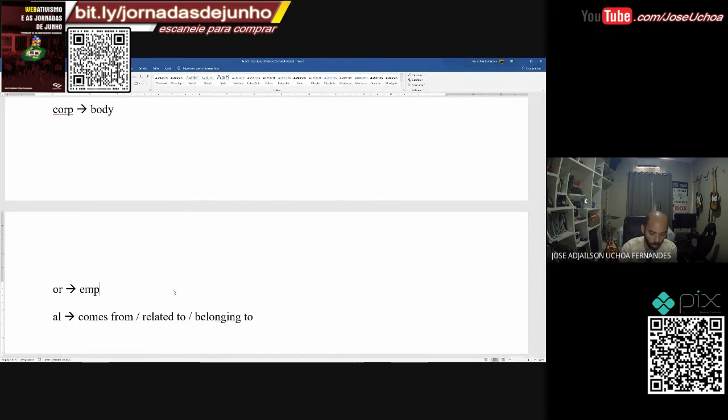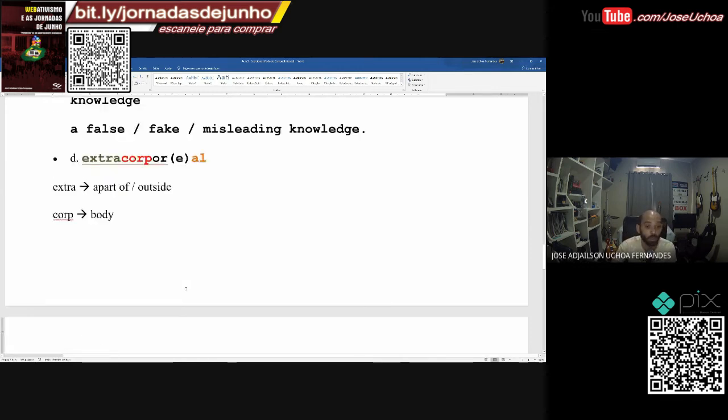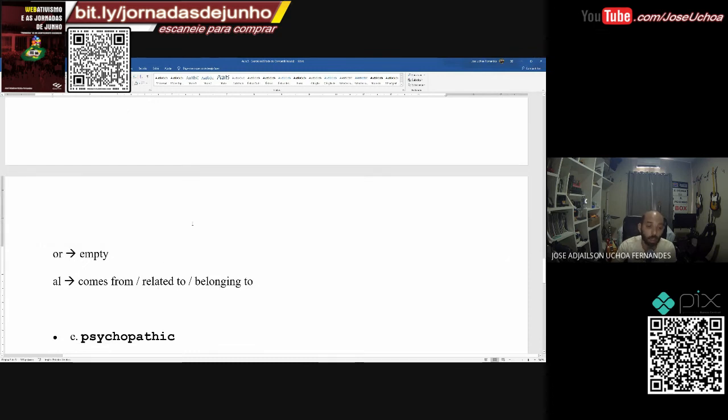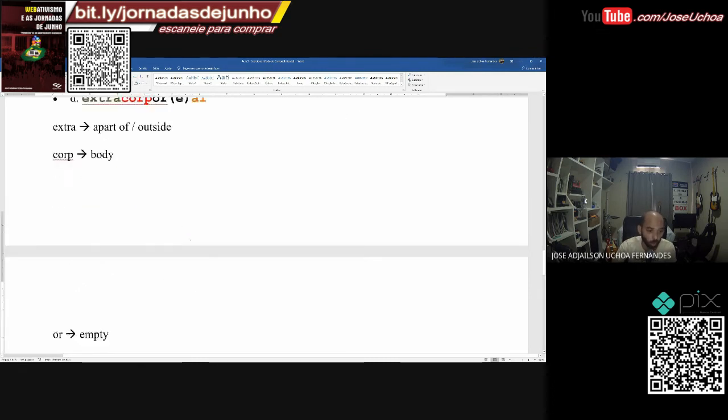Eu vou pôr aqui, empty, mas não é empty significa empty. Ele é um empty morph. Ele é um morfema que está preparando a chegada de outro. Eles existem operando em conjunto. Or mais vogal temática mais all derivam de uma certa natureza, pertencente a um certo grupo, ok?